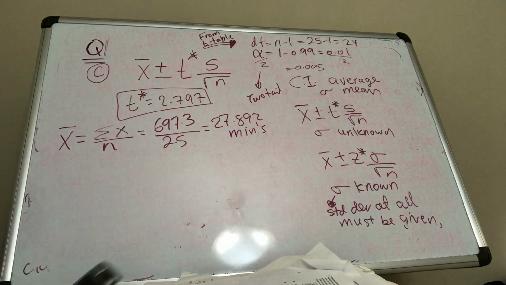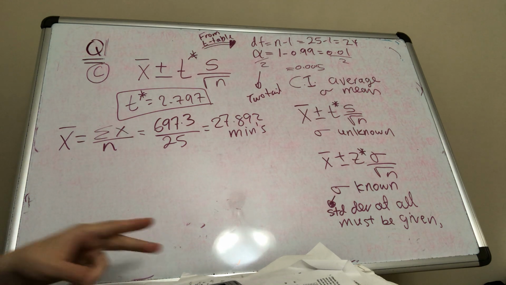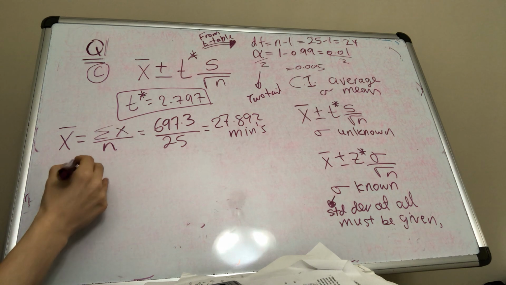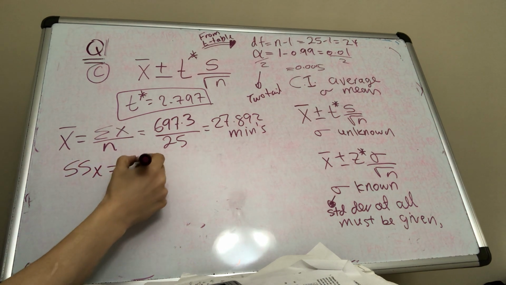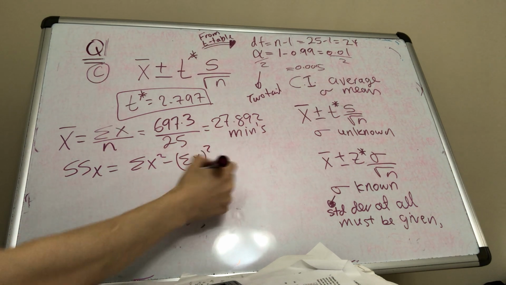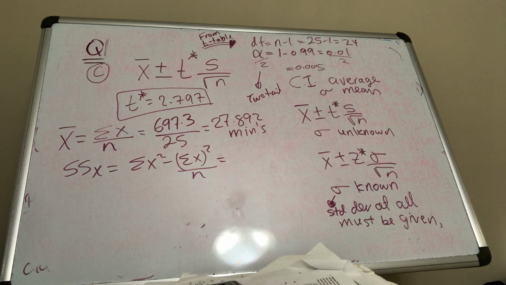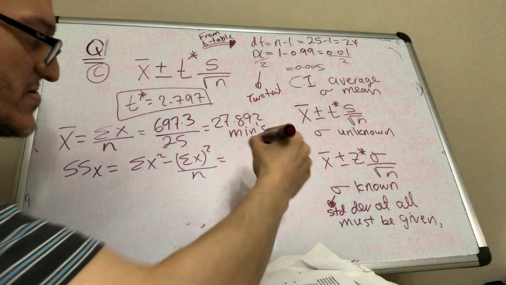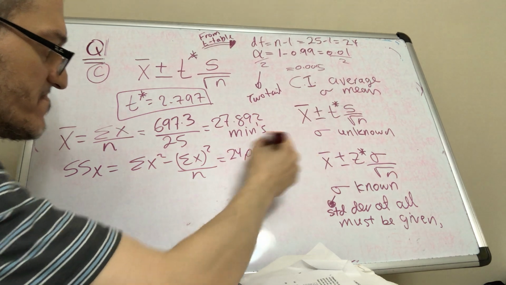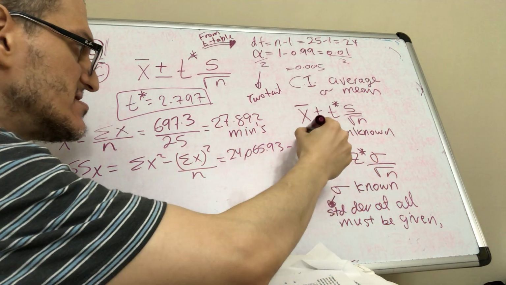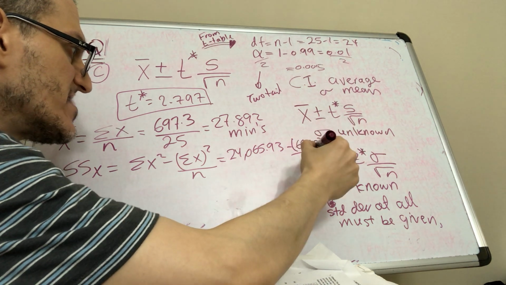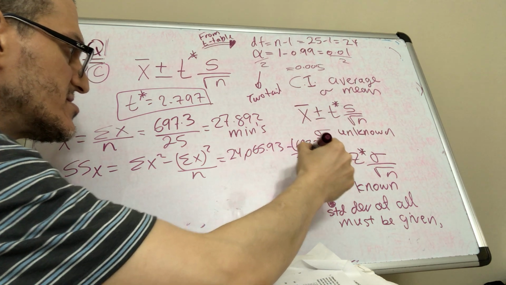I also need to find my standard deviation, and to find it, we follow the 3 steps. Total variation is the sum of x squared minus the sum of x, squared, over n. You're given both of them: the sum of x squared is 24,065.93, and the sum of x is 697.3, squared, all over 25.